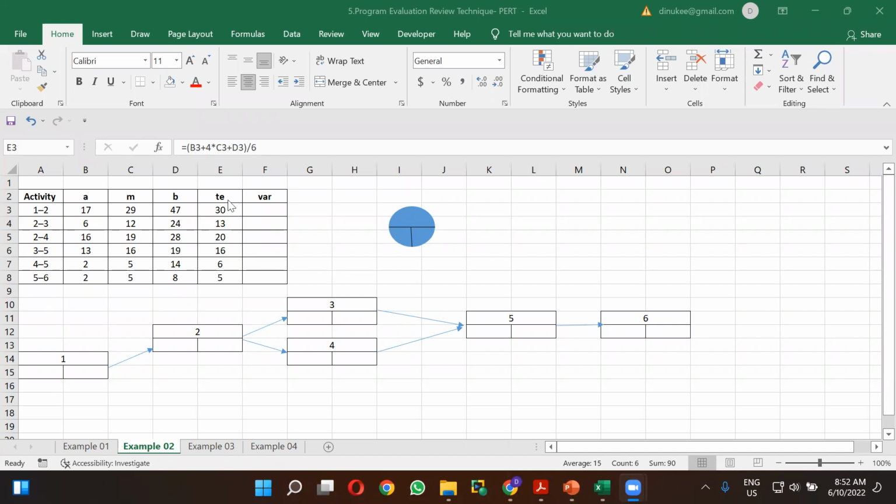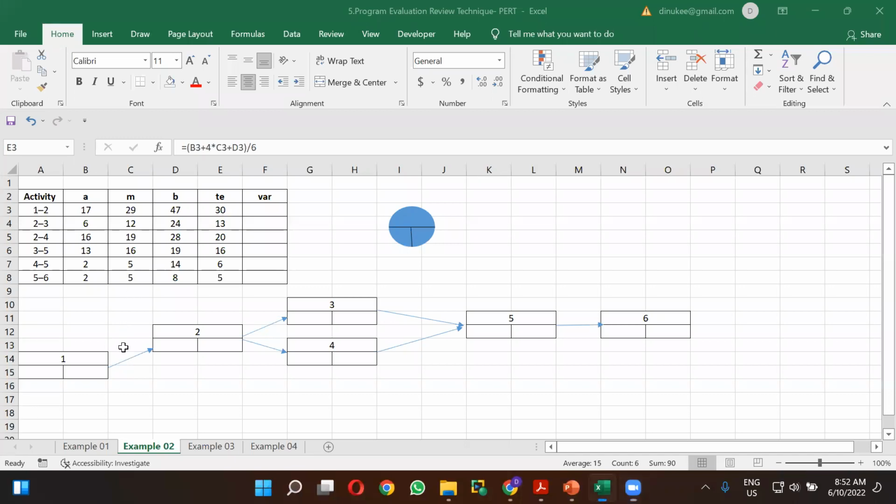So after calculating the expected time for each of these activities, we have now drawn the project network as well. So these expected times, you can now put above the arrow, right? For the 1 to 2 activity, the expected time is 30.